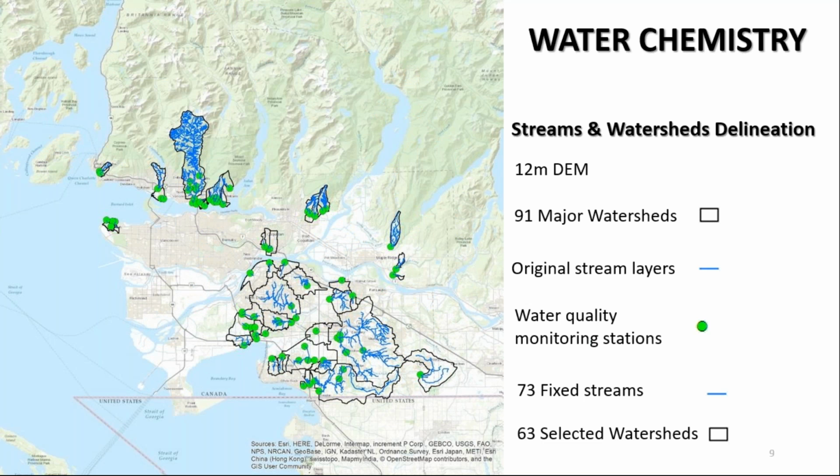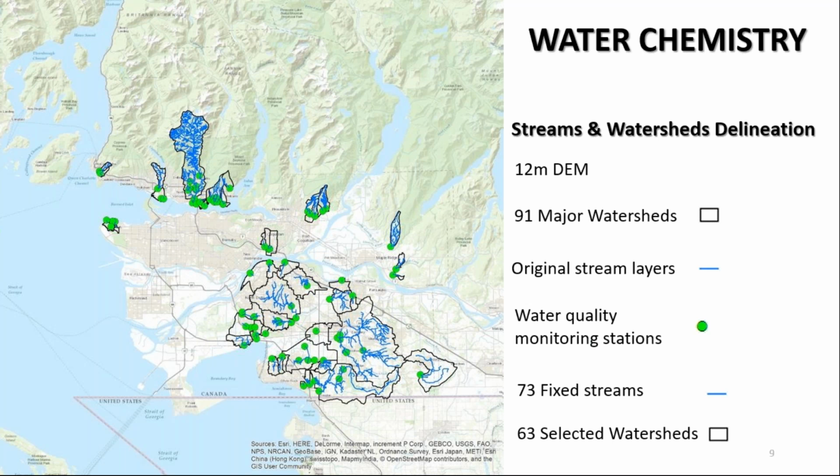And so while we started with a fair amount of data for the region, what we then had to do was associate the contributing area from each monitoring station with the upstream watershed. And then we also had a fair bit of work to do in terms of correcting the stream layer. In some cases, the stream layers were not even connected from the headwaters downstream.